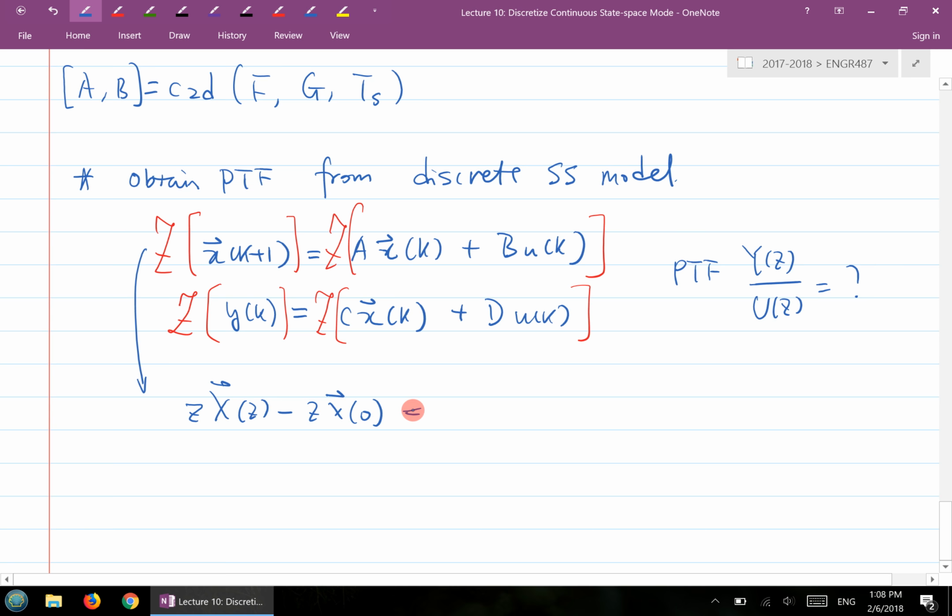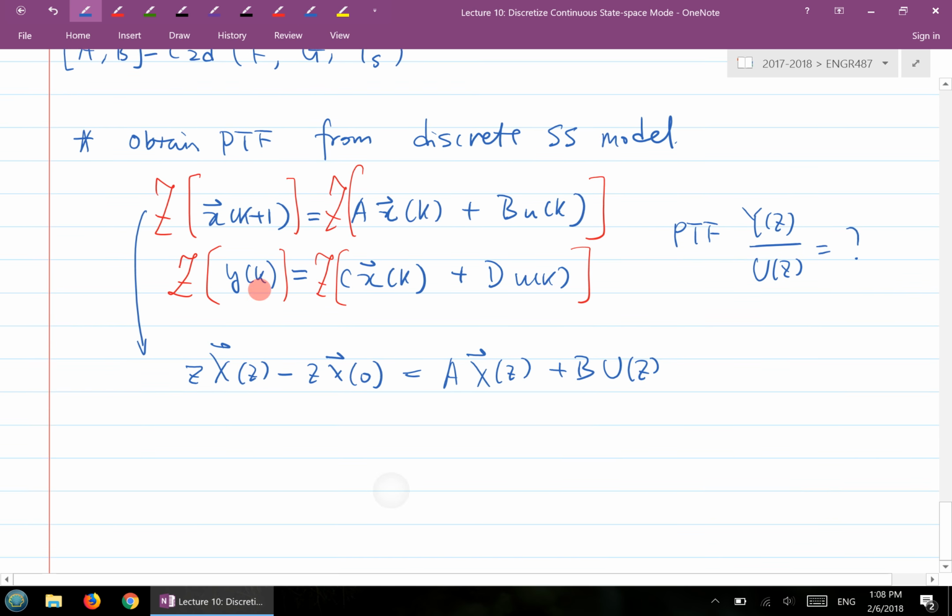And then here is A times X(z) plus B times U(z). And then the next term in here is Y(z) equal to C X(z) plus D U(z).